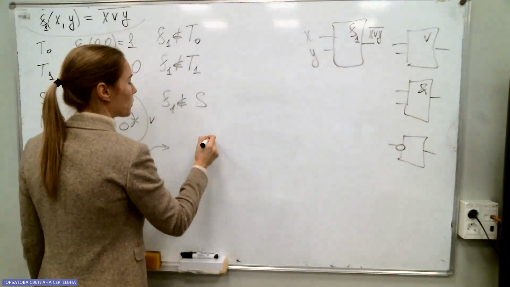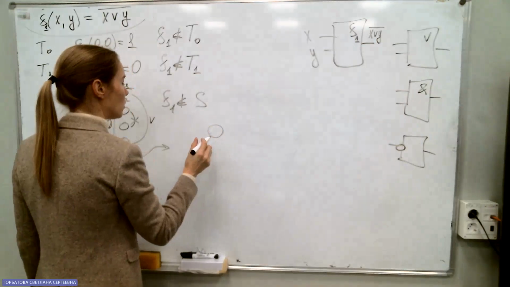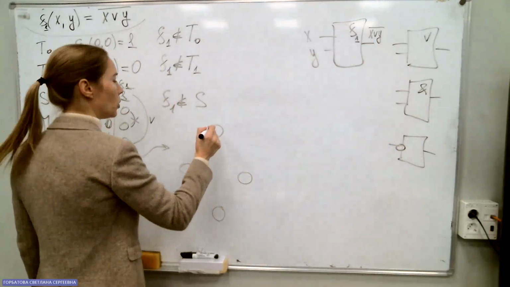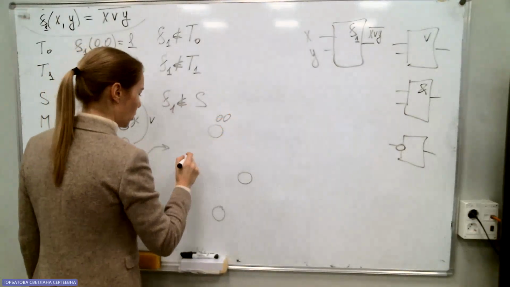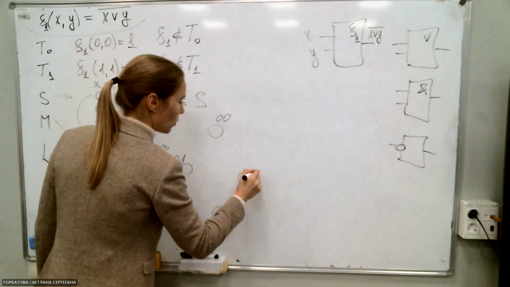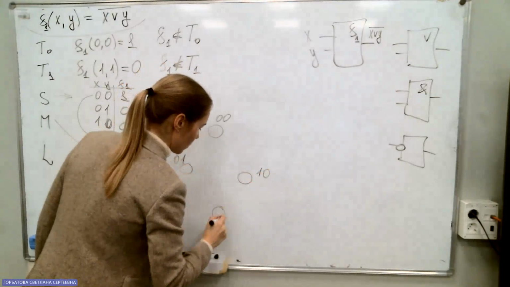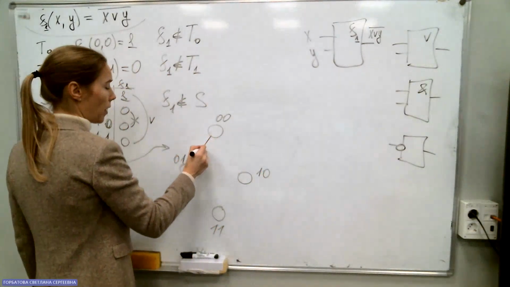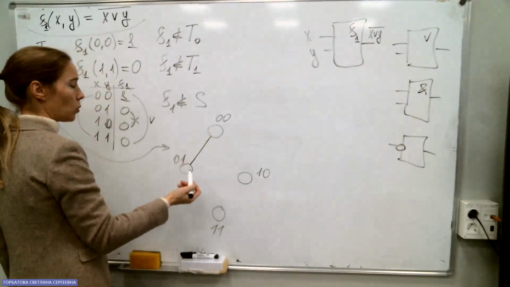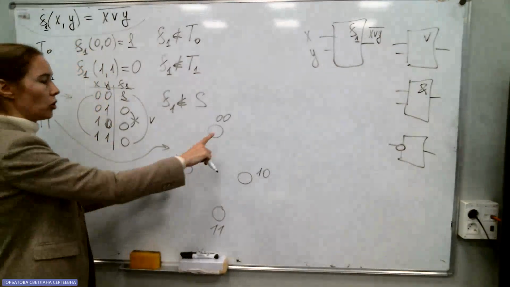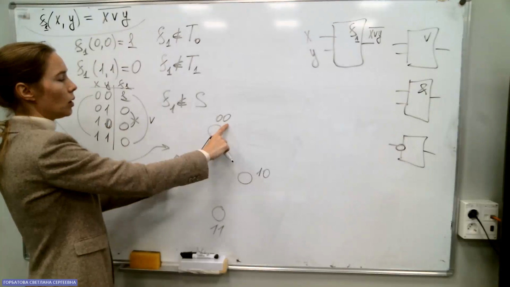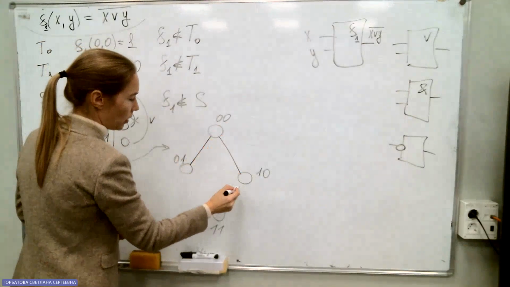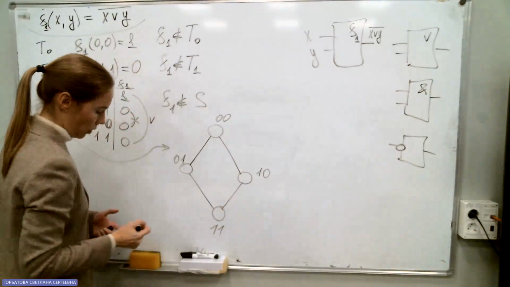And let's draw a hypercube for four points, four vertices. And we can connect just vertices which have only one difference. So this pair, this pair, this pair, and this pair.